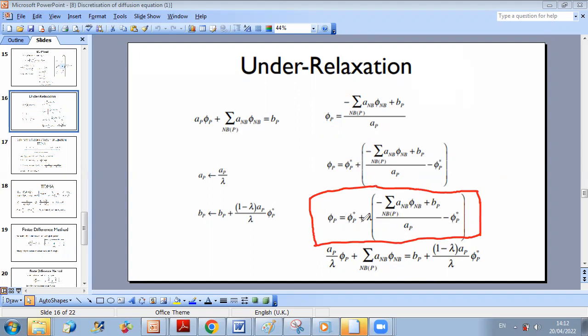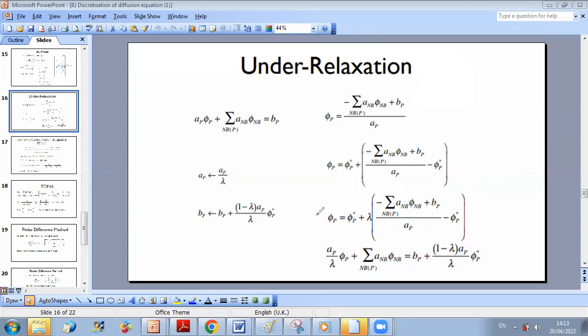First, all terms should be along the same fraction, and I will multiply all terms by AP over lambda. The lambda over AP of this term goes away. So if I multiply all terms of my equation by AP over lambda, what do I get?